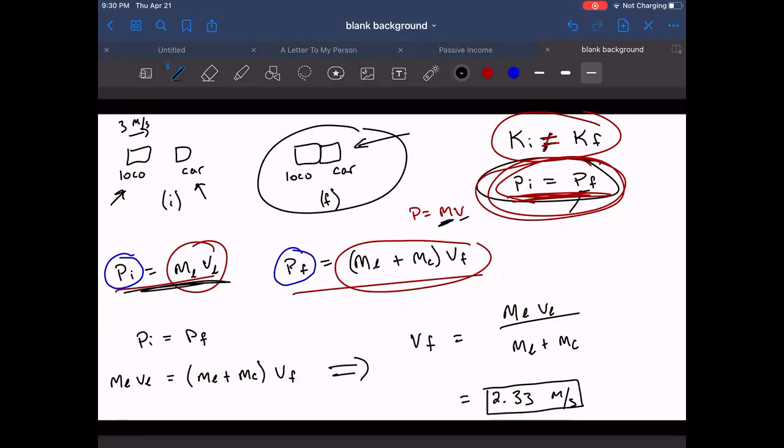Remember, the car's not moving, so it's just the momentum of the locomotive. Sorry, I was a little distracted, but I heard you say first equation. So where it says VF, is that ML VL? Yes. Oh, okay. Sorry. Yeah, mass of the locomotive.